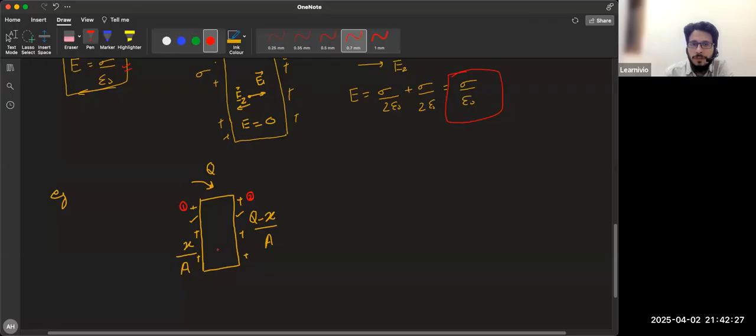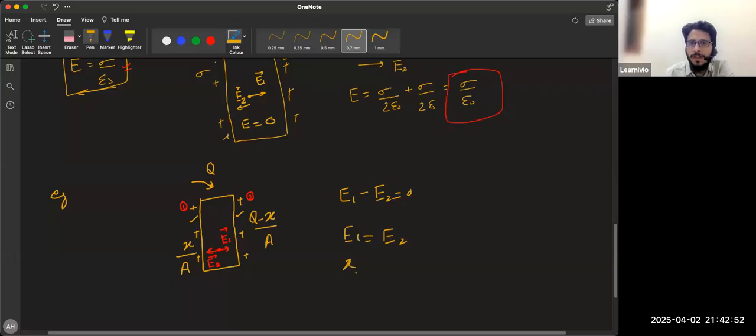You need the field inside the conducting plate. Here it's E1, here it's E2. Inside, you know that the net field is 0. So E1 minus E2 will be equal to 0, or you can write that E1 will be equal to E2.